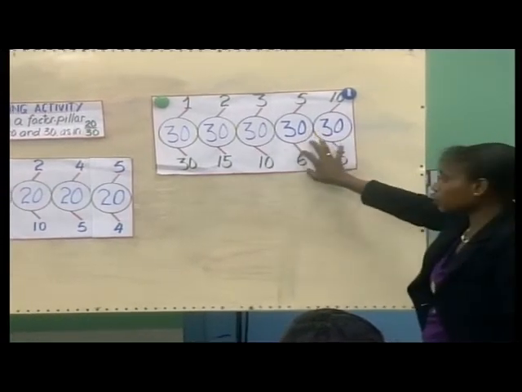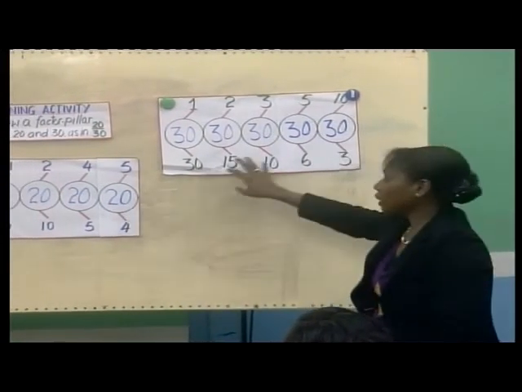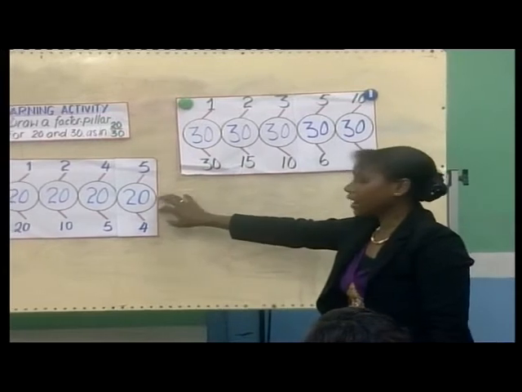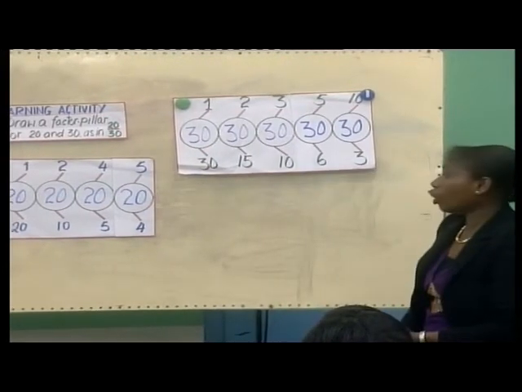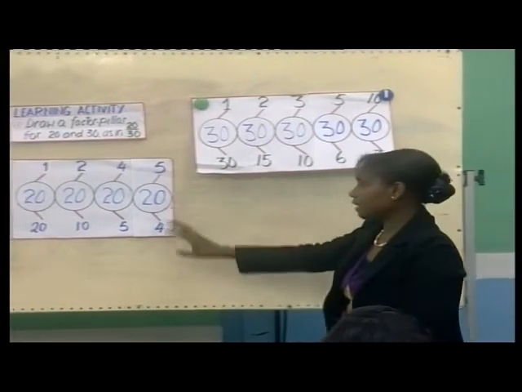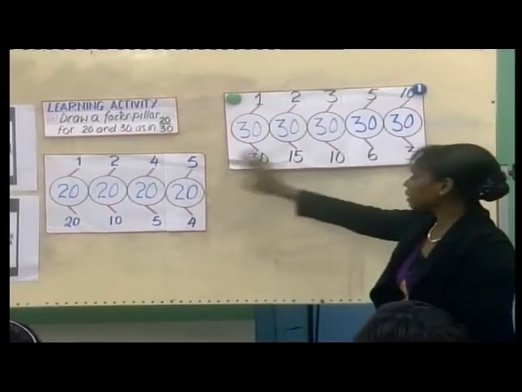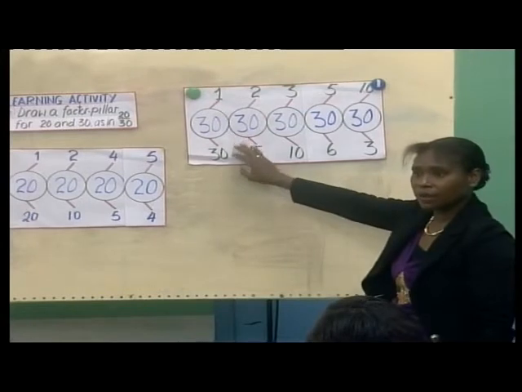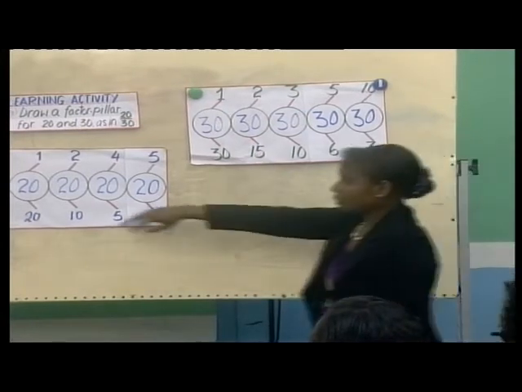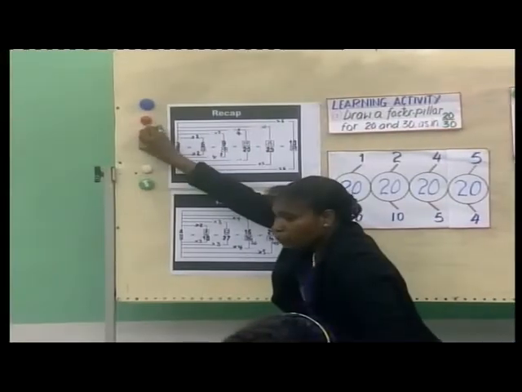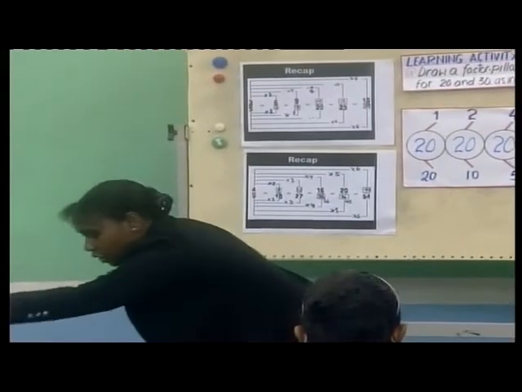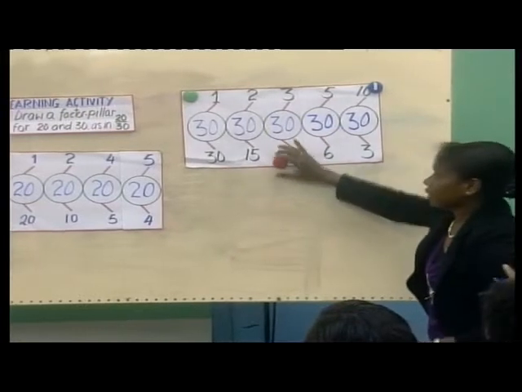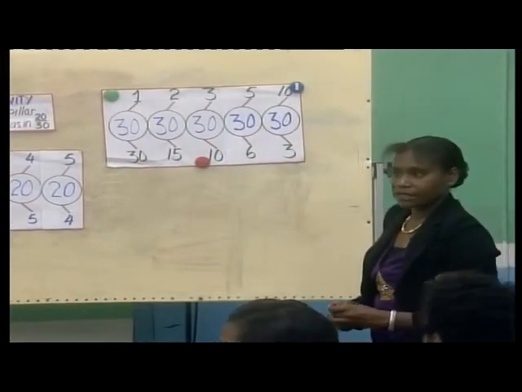So what we are going to do from these two, we will now try to find out what are the common factors that are found in these two numbers, 20 and 30. Are we following? Okay. And we are going to put a circle around those common factors. What are the common factors here?